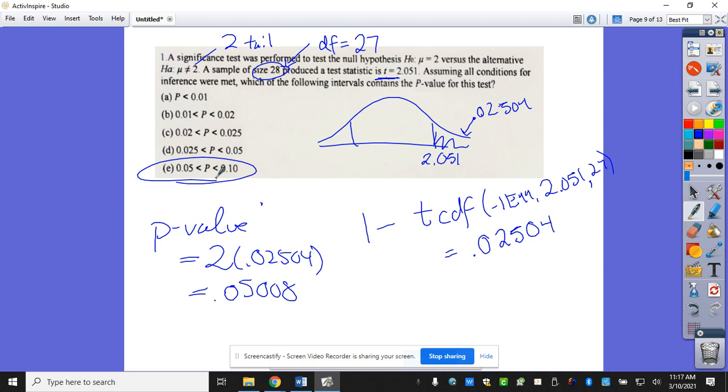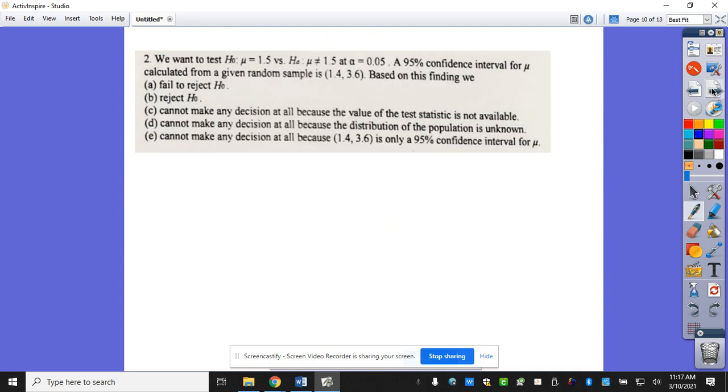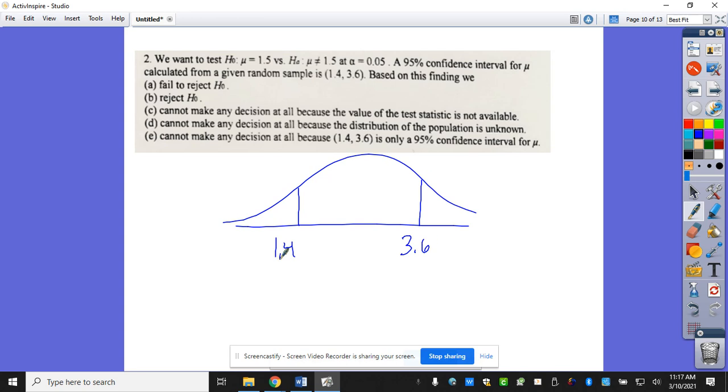Number 2 gives us a what? Confidence intervals. This is like the one we just did today. So I've got a line here at 1.4. I've got a line here at 3.6. My other line is going to be at what number? So whatever this number is.